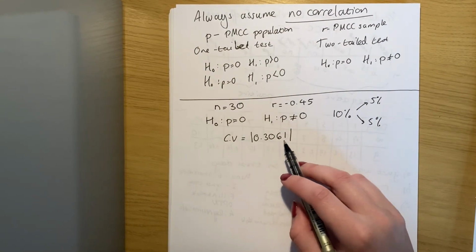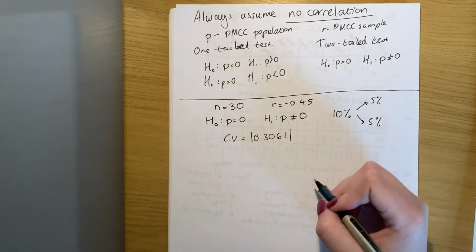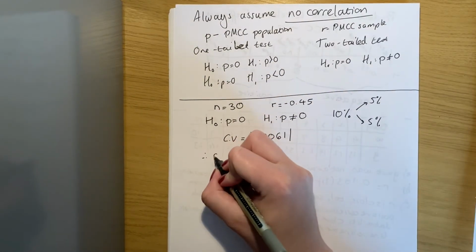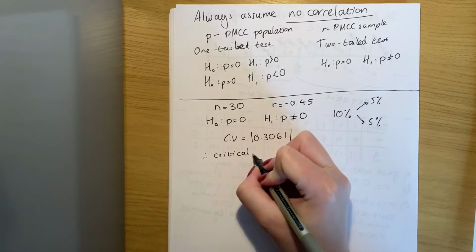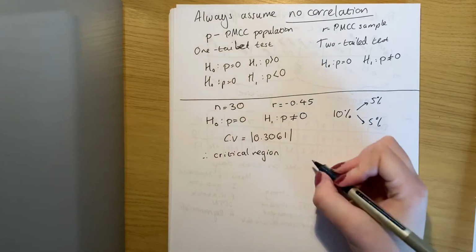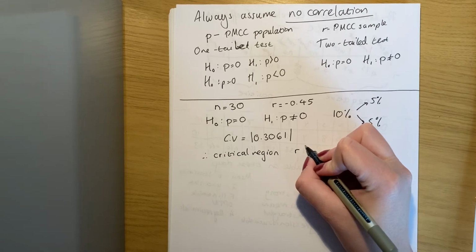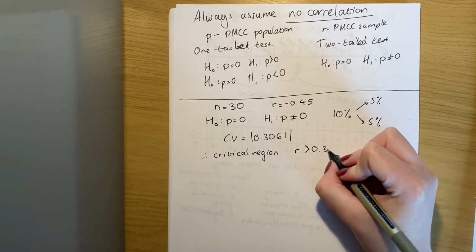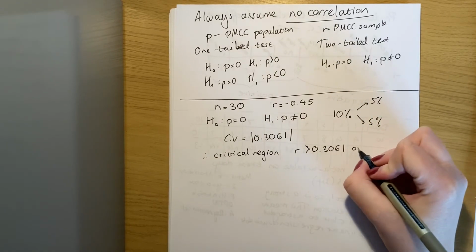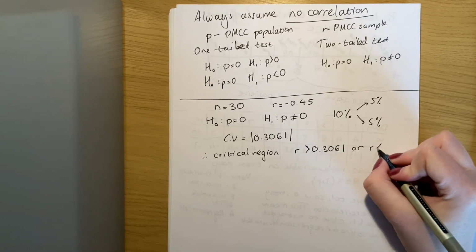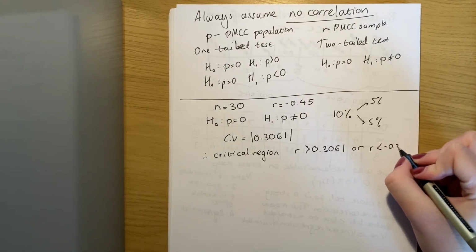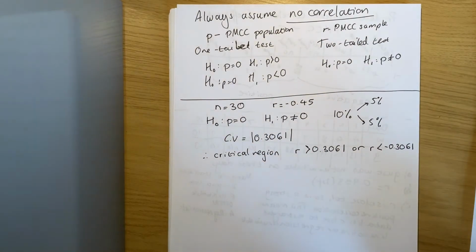So 0.3061. So therefore, the critical region is that R needs to be bigger than 0.3061 or R is smaller than negative 0.3061.